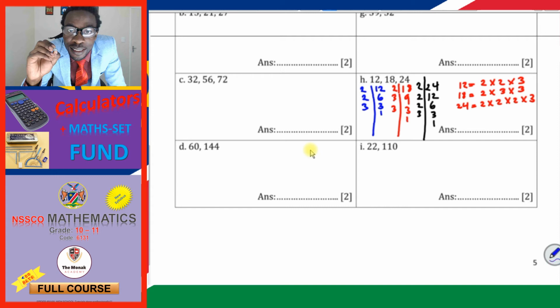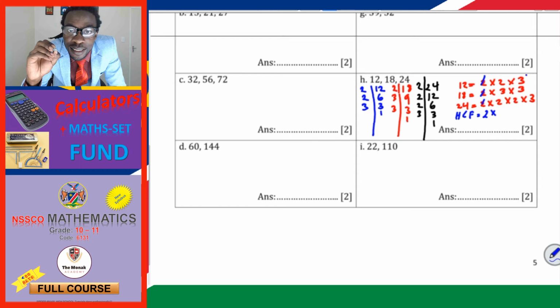Alright, from there we now look for what is common. So we know 2, 2, 2, so 2 is common. There is no more 2 here, so 2 is no longer common. 2 is no more there at 18, so 2 is no longer common, so we completely move away.